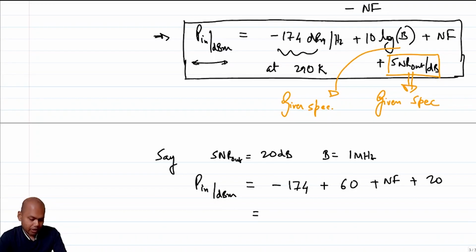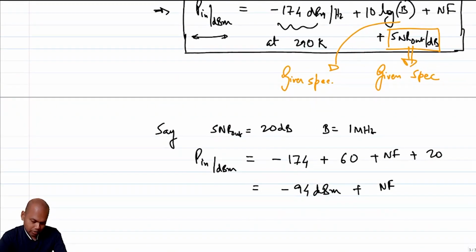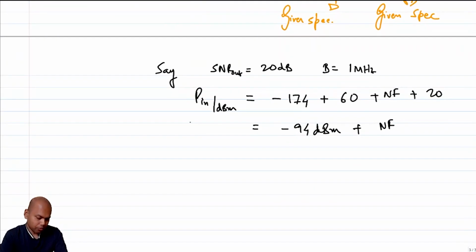So your P in dB is essentially minus 174 plus 80, which is minus 94. This is in dB or dBm, plus the noise figure.